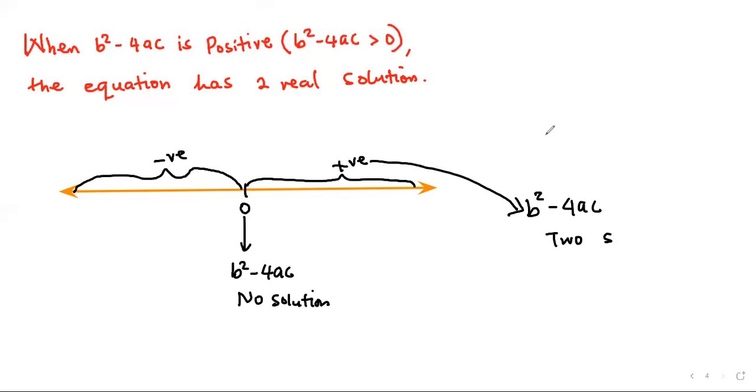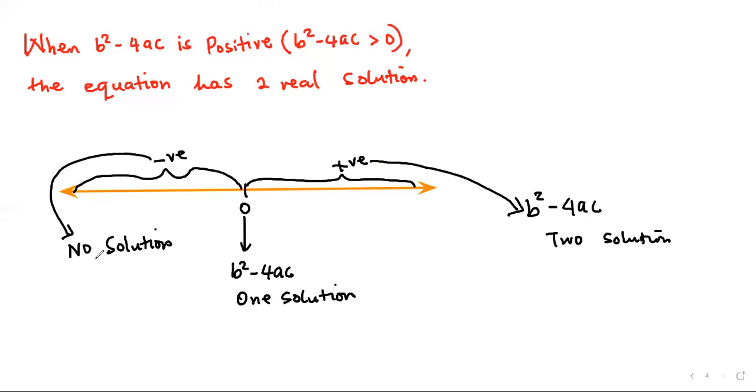Then when we have 0, it means that we have one solution. Then when we have negative, it means no solution.